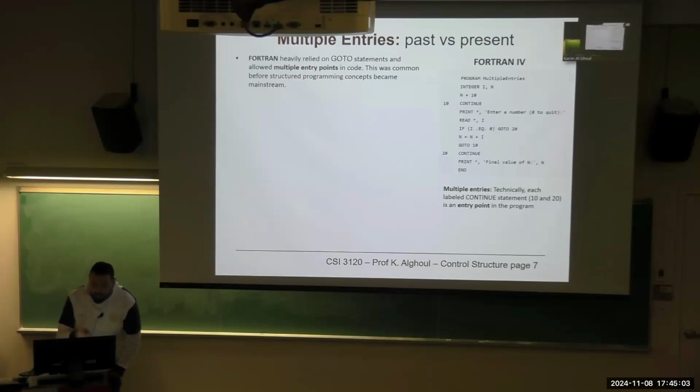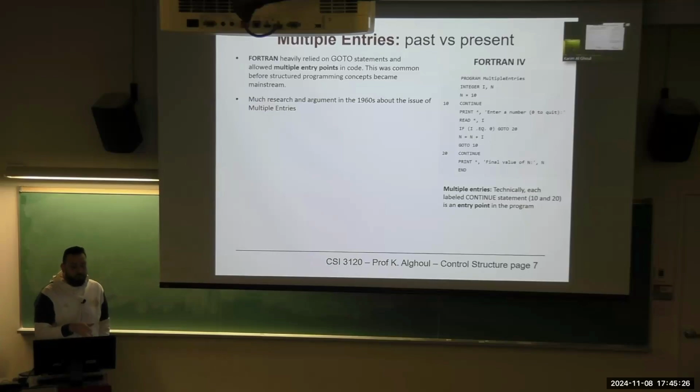Now, this was very common in the beginning when they used to have Fortran. It was common before structured programming concepts. Then they discovered that writing big programs and having this multiple entry is going to cause lots of headaches, lots of complicated stuff.